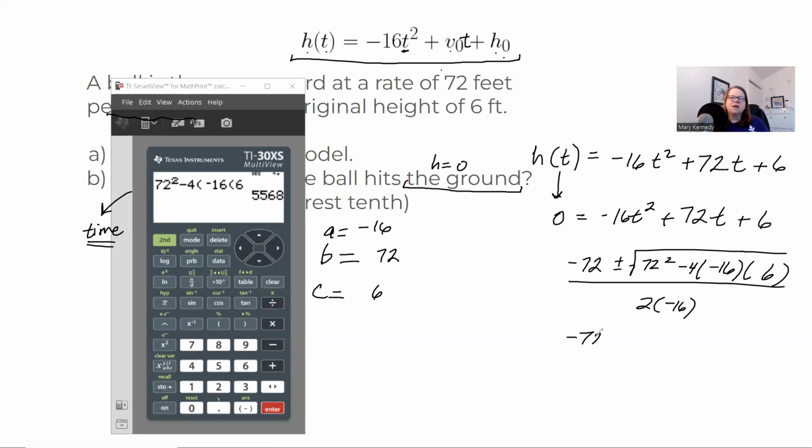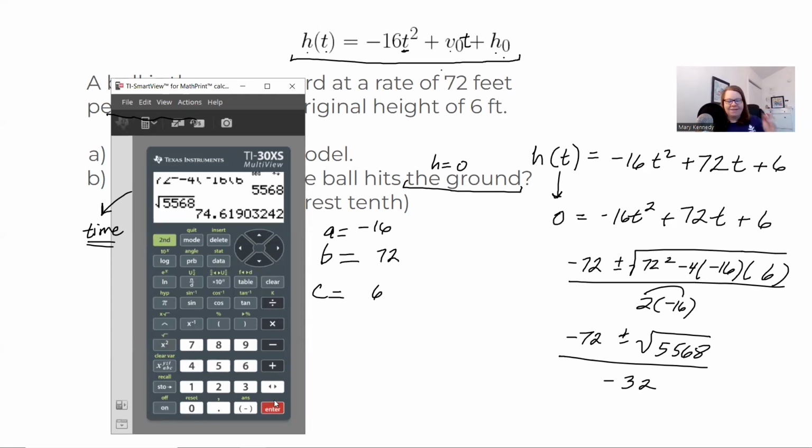So let's clean this up. -72 plus or minus, we'll talk about that in just a minute, the square root of 5568 over, I can go ahead and multiply 2 times -16. That's -32. Okay, so let's see what the square root of 5568 is. Not a nice clean number. I can check, but if it would simplify into something much simpler, my calculator would show that.